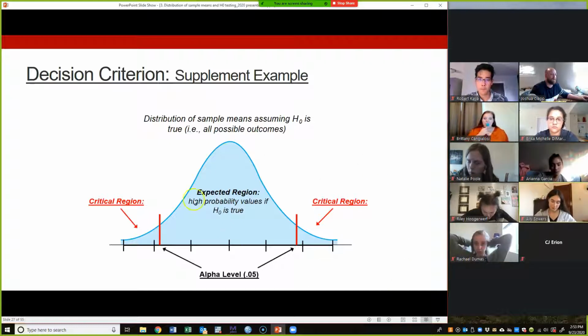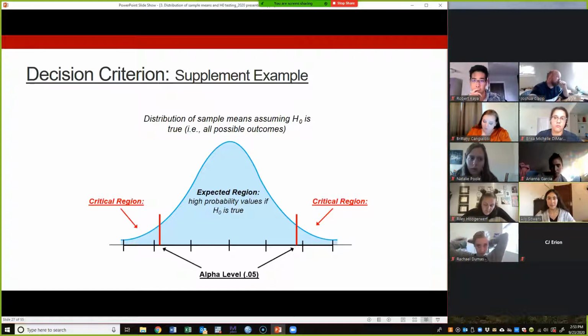But what if I fall in the body of the curve here, Allie? What am I assuming then? It's pretty normal or likely to happen. Yeah, it's at least not surprising, right? The data that we've got appear to be relatively consistent with whatever characteristics of the population we're assuming under the null.